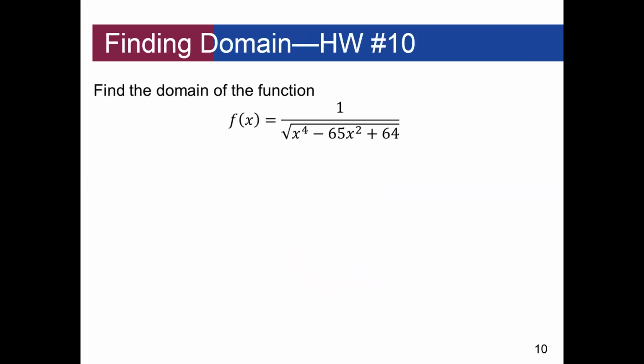Now let's look at the domain of this function f of x, which is 1 over the square root of x to the 4th minus 65x squared plus 64. Notice that this is a rational function. We do not want the denominator to be 0.